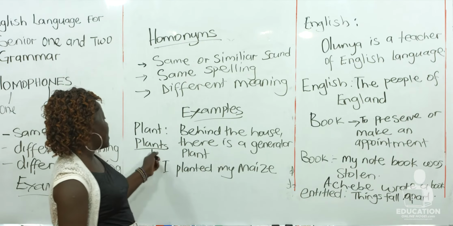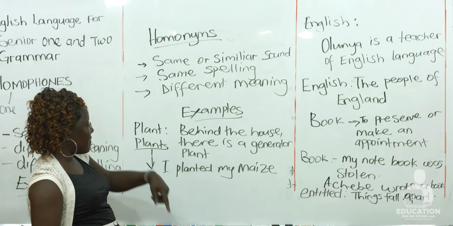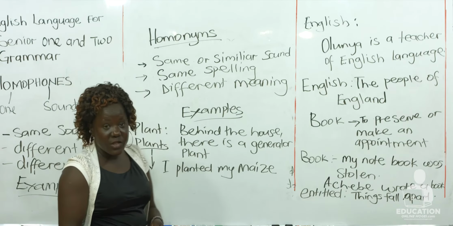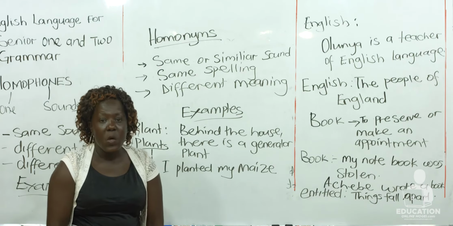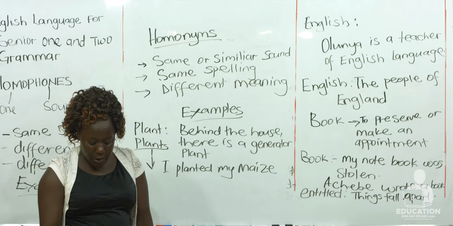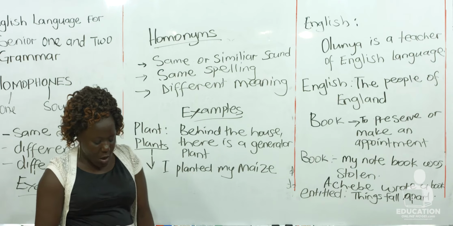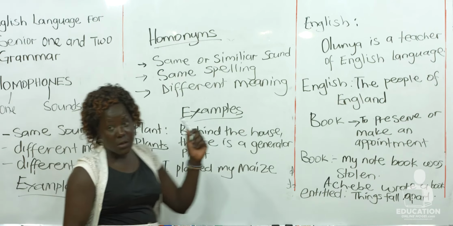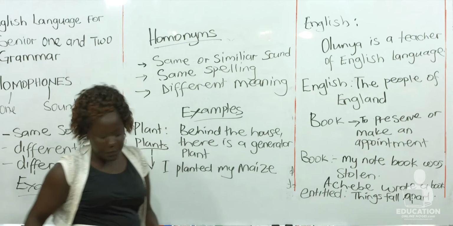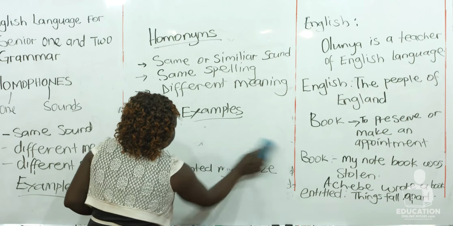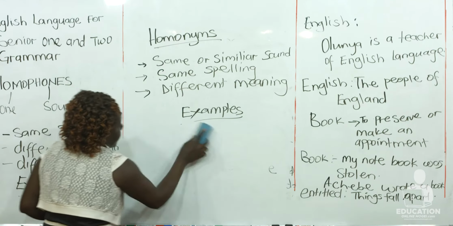So that means this one is a type of crop. Even trees are plants. Right. Let us not stop there, my dear learners. We still have very many forms or examples of these homophones here. Look at these three words.